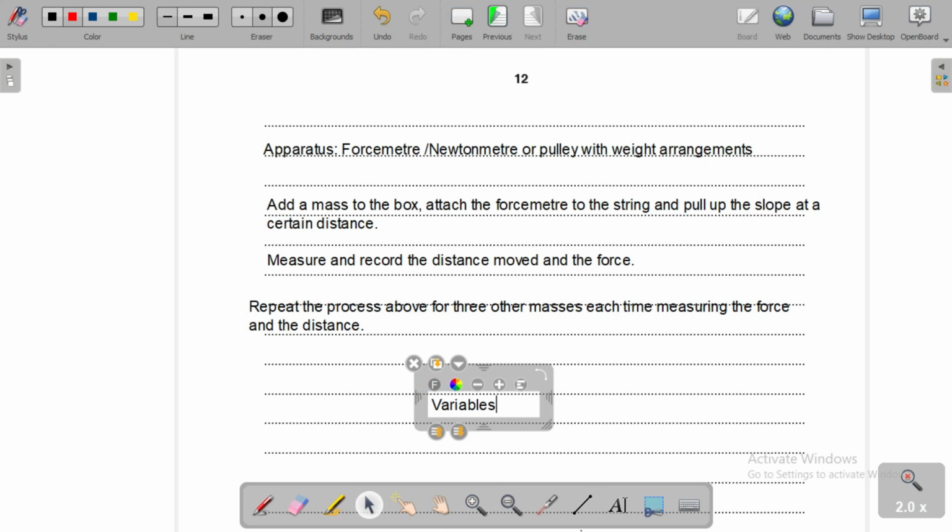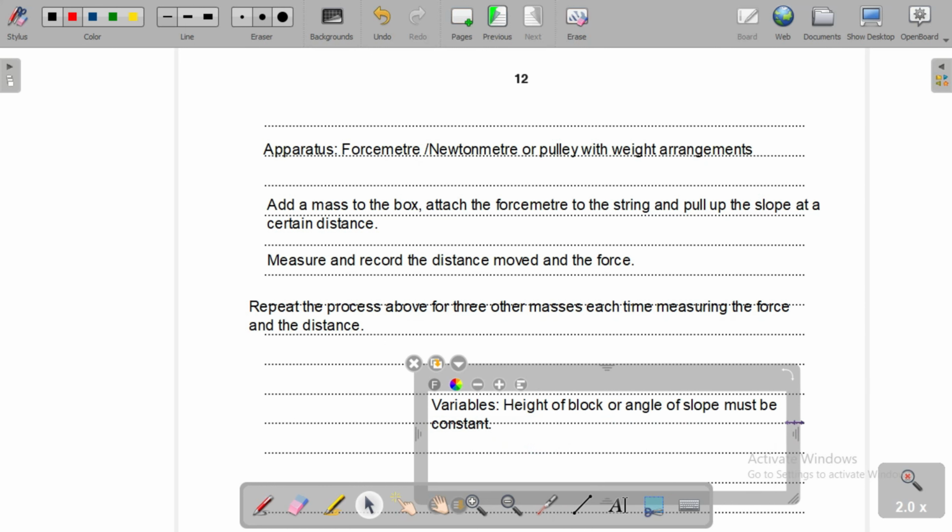Variables. You say height of block, or you say angle of slope must be constant. Height of block or angle of slope must be constant.